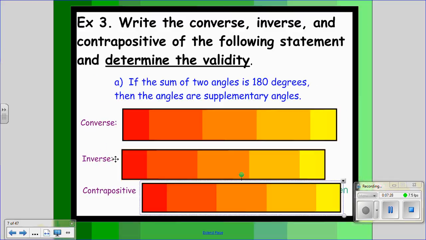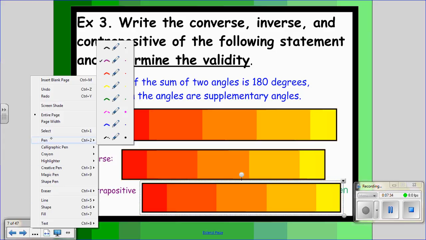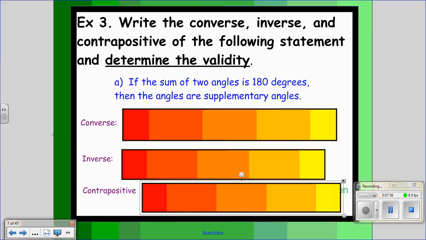So now we're going to take this provided conditional statement and write the three related statements. Also determine the validity. So the statement says, if the sum of two angles is 180 degrees, then the angles are supplementary angles.